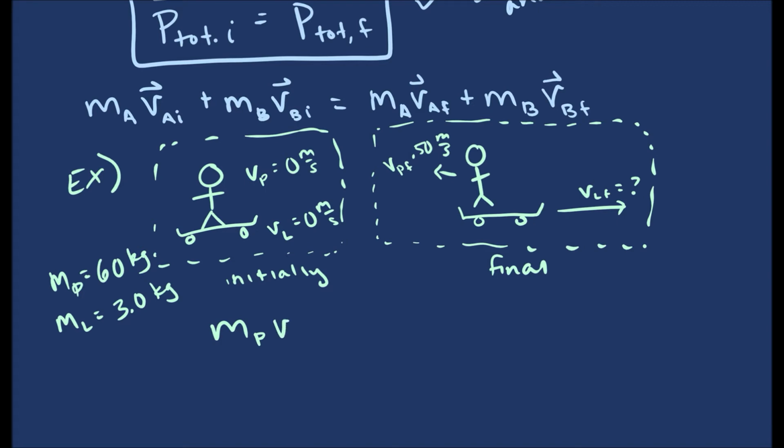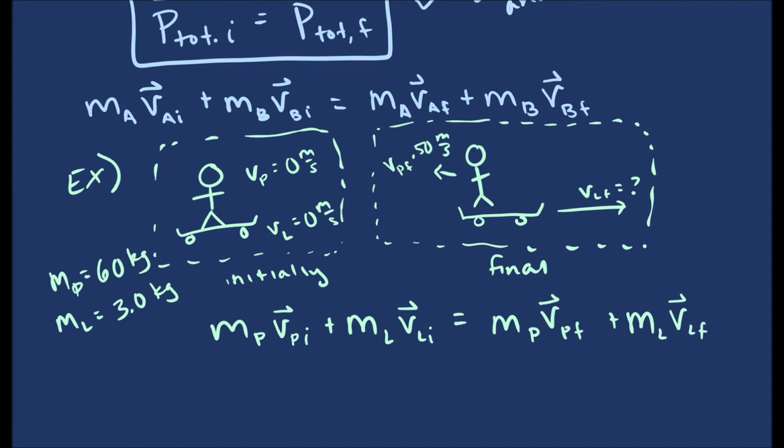We have the mass of the person times the initial velocity of the person, plus the mass of the longboard times the initial velocity of the longboard, equals the mass of the person times the velocity of the person after they jumped off, so we'll call that v final, plus the mass of the longboard times the velocity of the longboard final.